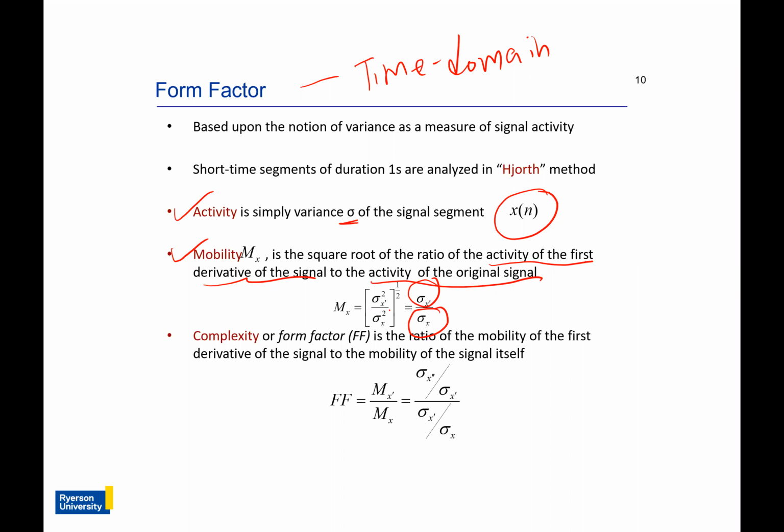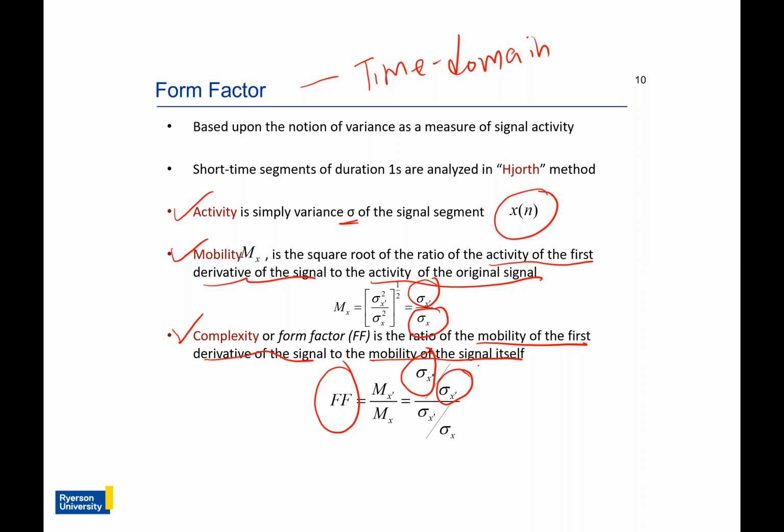Now, a layer above mobility is the complexity factor, which is nothing but the form factor that we have been defining. Form factor is the mobility of the first derivative of the signal divided by the mobility of the signal itself. If I take the mobility of the first derivative, then in the numerator we get the activity of the second derivative divided by the activity of the first derivative.